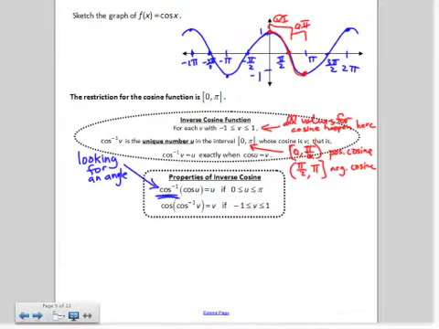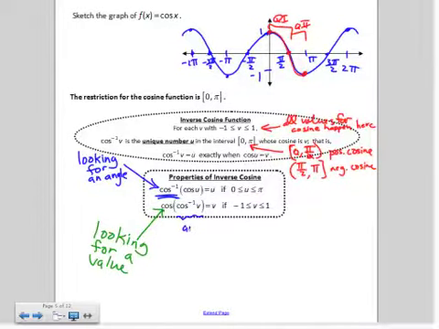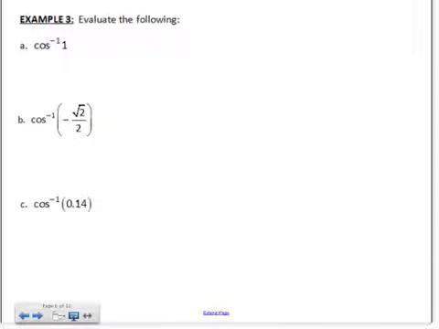This right here says we're looking for a value, because we know the angle. On the inside we want an angle. Once we have the angle, we want the cosine of the angle. All right, so let's look at what we have here.